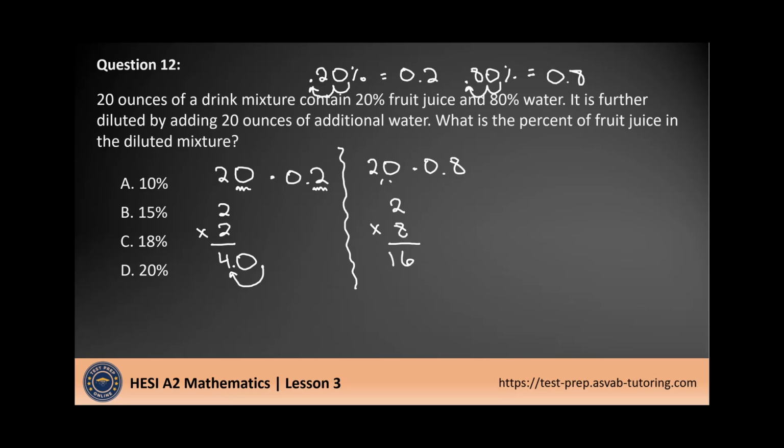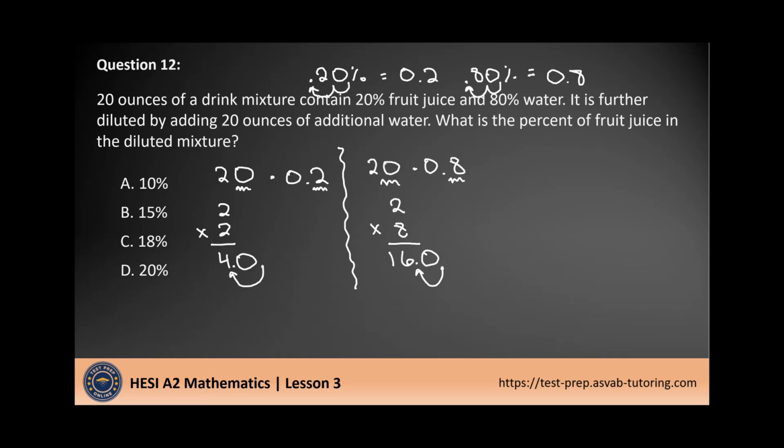Let's account for the 0, add it right here. We had one number to the right of the decimal here, which means we're going to move this invisible decimal one place to the left, 16. So we started out with 16 ounces of water.